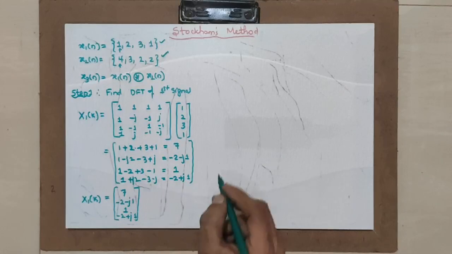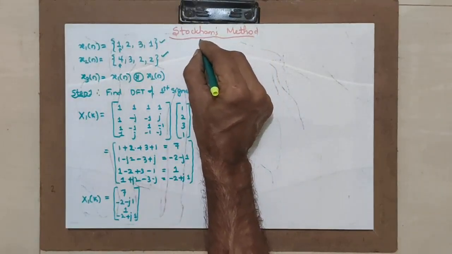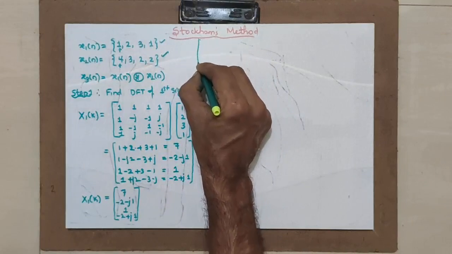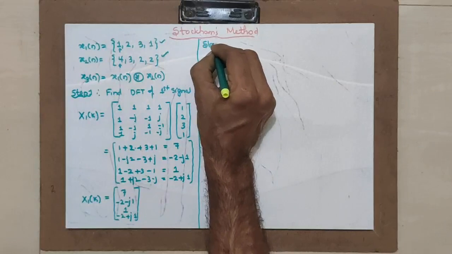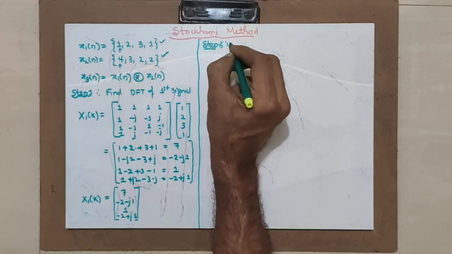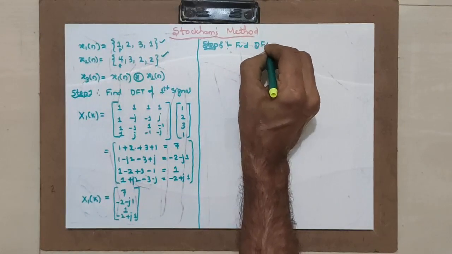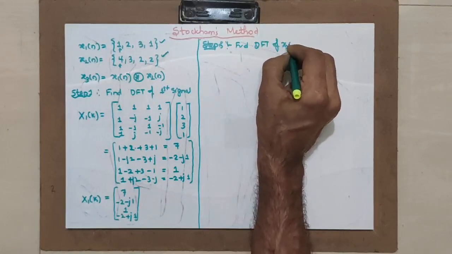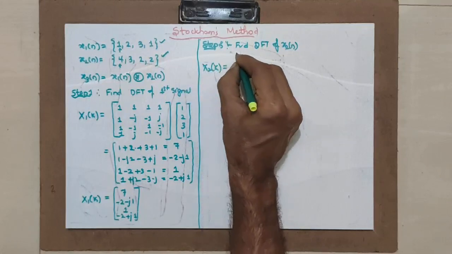Okay, similarly I will go ahead with step 2. Find DFT of x2n, that is x2k.